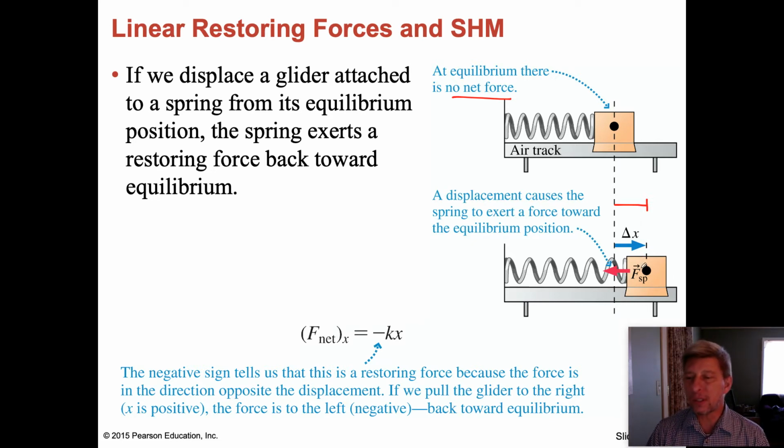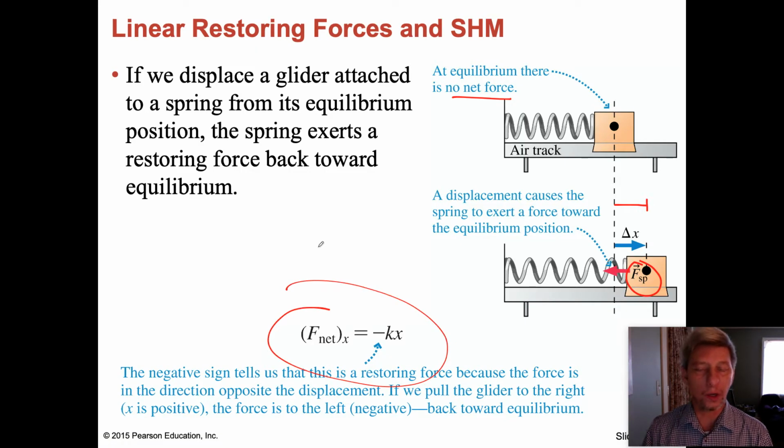All right, so this is going to be identified as the force of the spring. Now, in order to calculate the value of that force, we're going to use Hooke's law, which is shown here. The net force acting on the block is going to equal negative k, which is the spring constant of this spring, times the displacement.